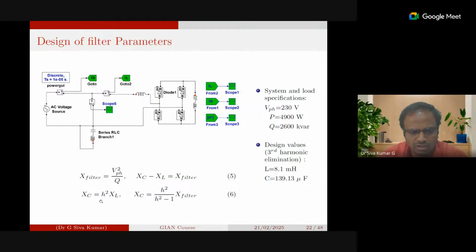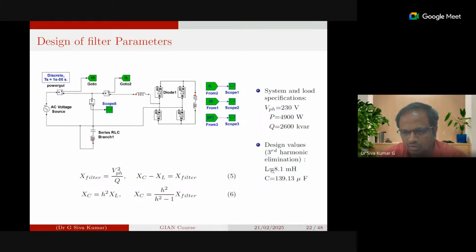If you substitute XL equal to XC by H square, you get this equation. We know X filter by substituting the reactive power and the voltage, and knowing the harmonic to be eliminated, you get the value of XC, which is at fundamental level. Once you find XC, we can evaluate XL also.